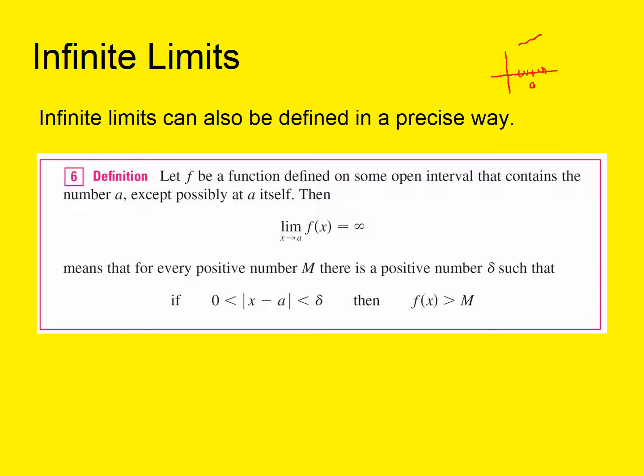Then the limit as x goes to a of f of x equals infinity means that for every positive number m, there's a positive number delta such that if 0 < absolute x minus a < delta, then f of x is greater than m.